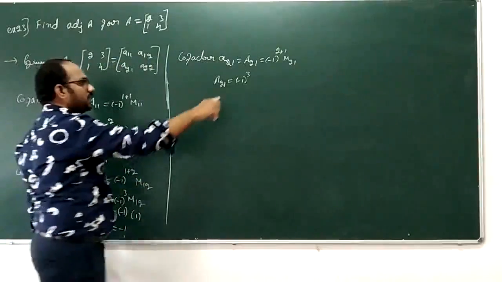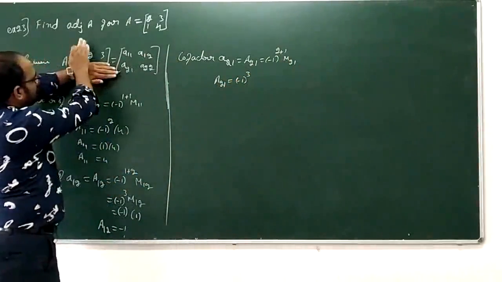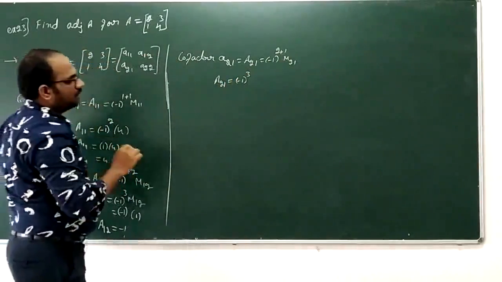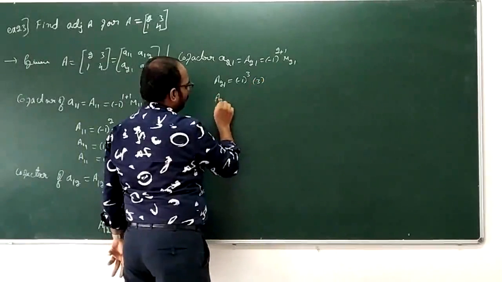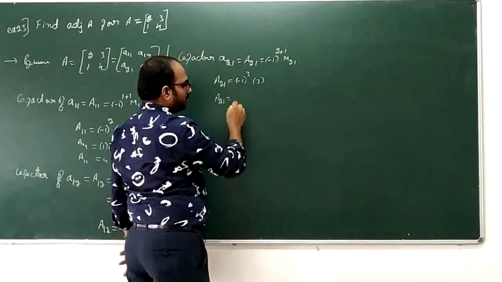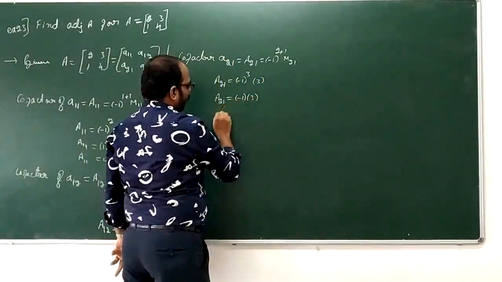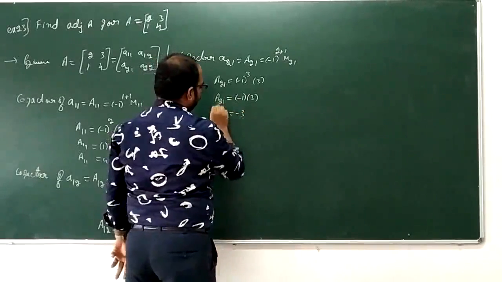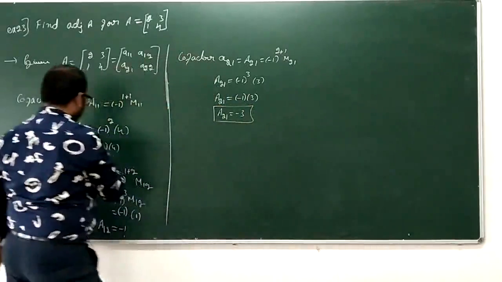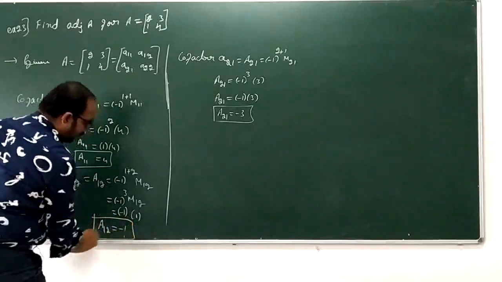Deleting the second row and first column, I am getting 3. So A21 is equal to minus 1 into 3, that is minus 3. This is A21, this is A11, this is A12.